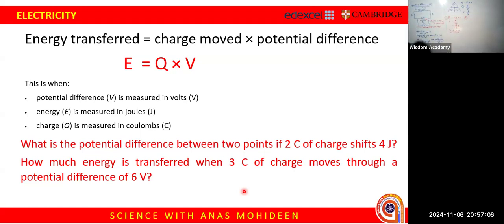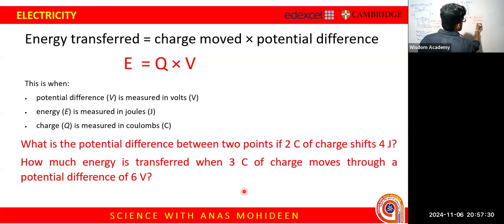How much energy is transferred when 3 coulombs of charge moves through a potential difference of 6 volts? Now you want to find out the energy transferred, so Q into V. How much is Q here? Q is given as 3 coulombs, into voltage, which is given as 6 volts.